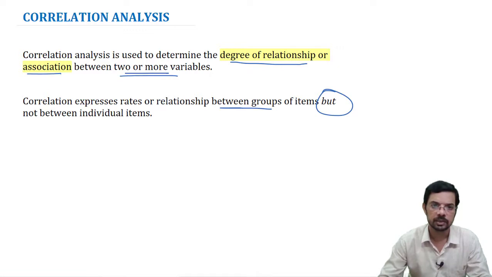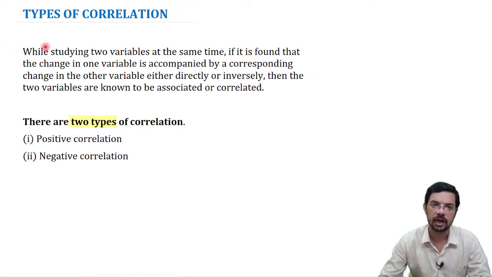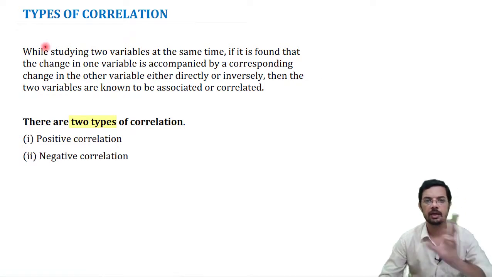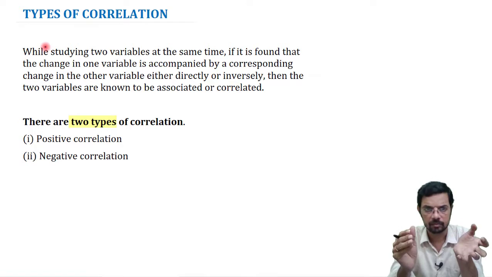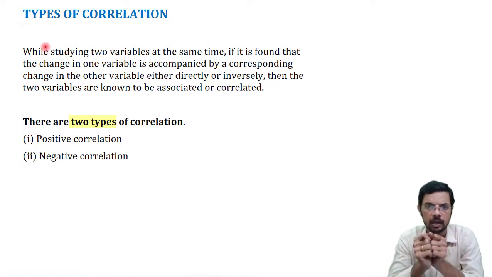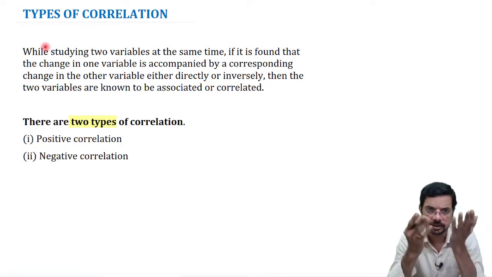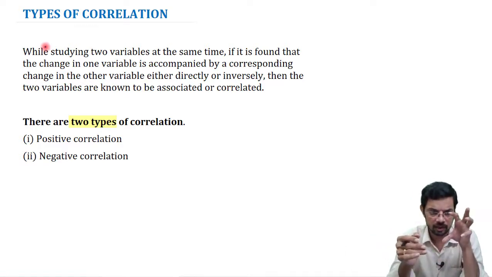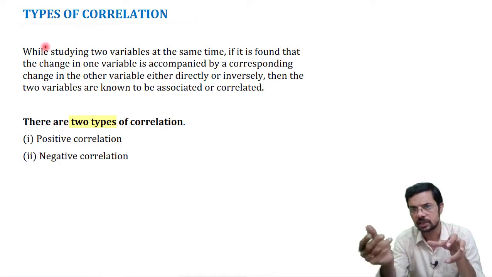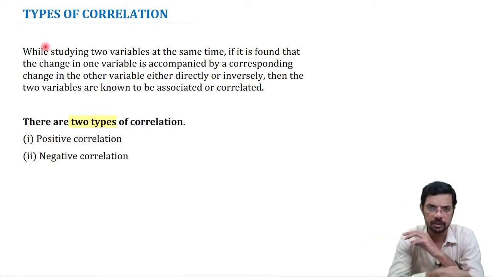Next, which are the different types of correlation? We have one variable and the other variable, and it is possible that when there is a change in one variable, there is a change in the second variable accompanied to it.